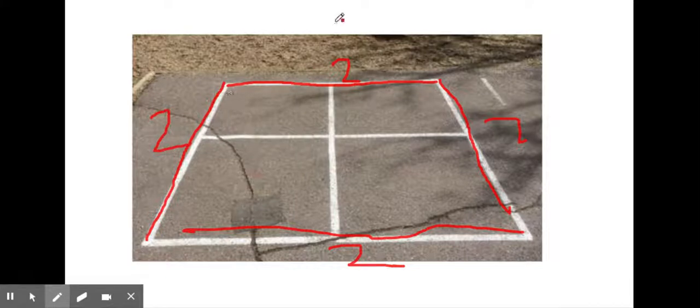So the perimeter here is 2 centimeters plus 2 centimeters, if we were measuring in centimeters. 2 plus 2 plus 2 plus 2 gives us 8. 8 centimeters is our perimeter.